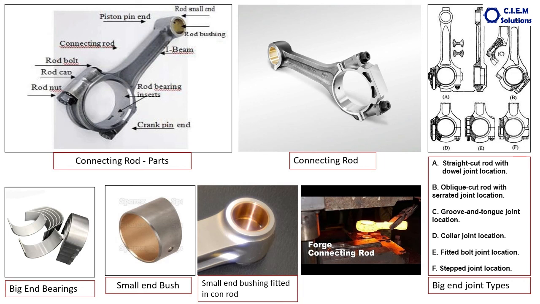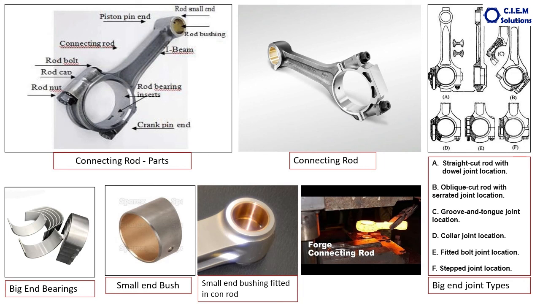One more important component, which is not shown here because it's not part of the connecting rod or piston, is the piston cooling nozzle. The piston cooling nozzle is fitted in the crankcase, in the oil gallery of the block.